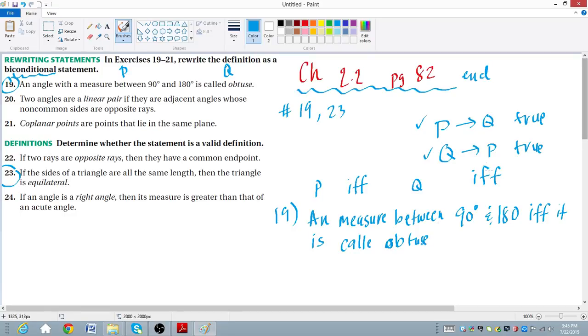That's how you would write a biconditional statement. Instead of if P then Q, just put P if and only if Q.